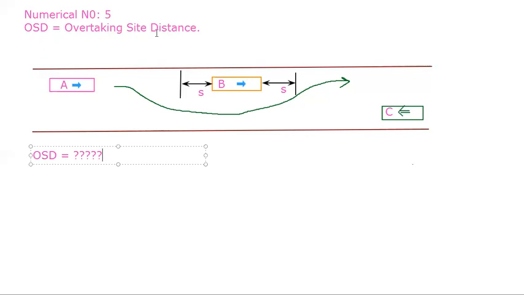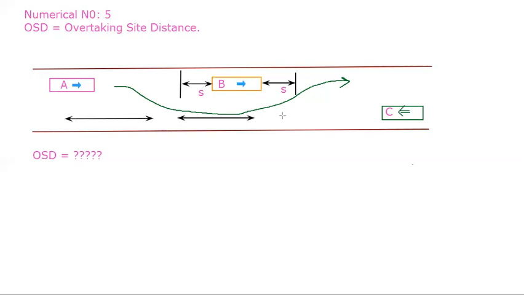Now, how to find this OSD? We have to divide this whole distance, this pathway, into three sub-distances, that is d1, d2 and d3. This distance will be d1.